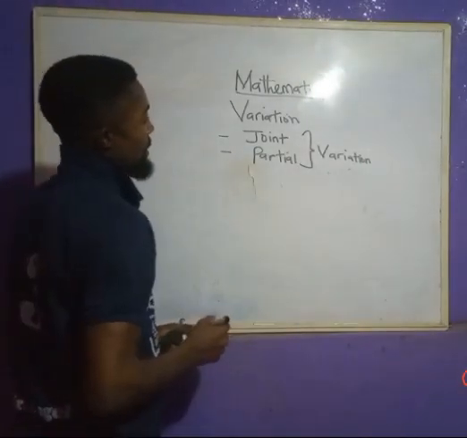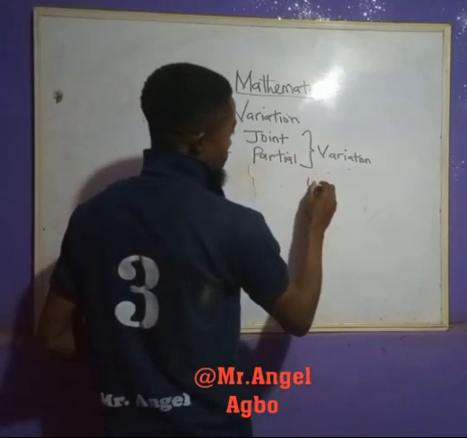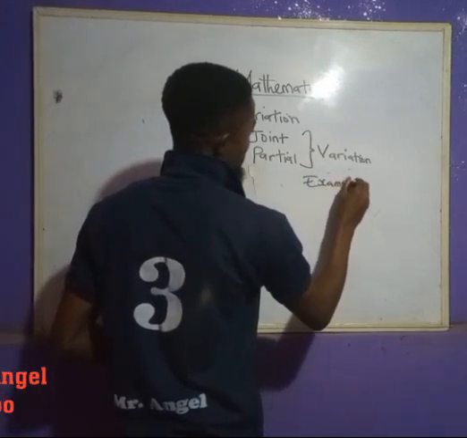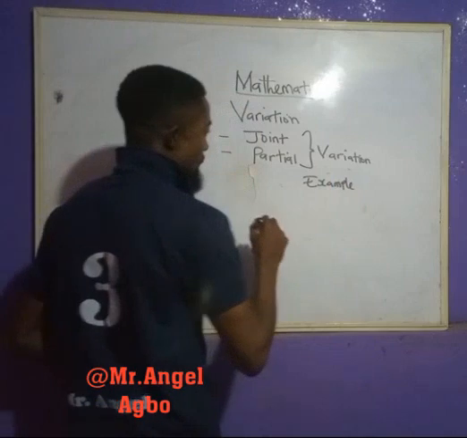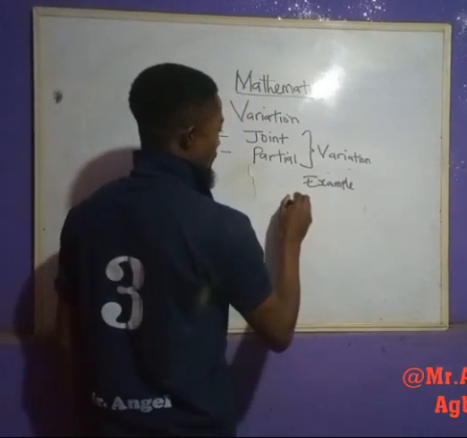So under joint variation, I'm going straight to give us an example. Let's say they use x and y again.